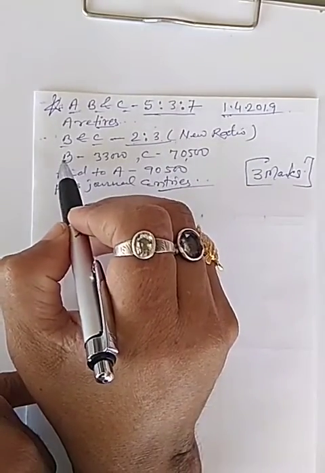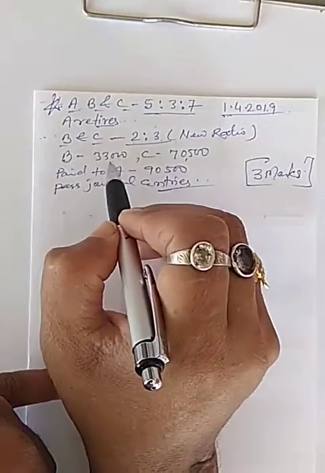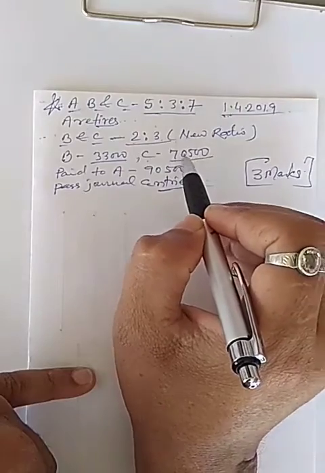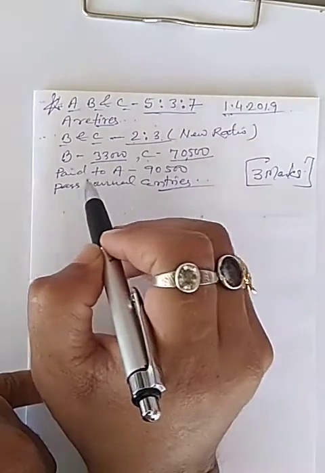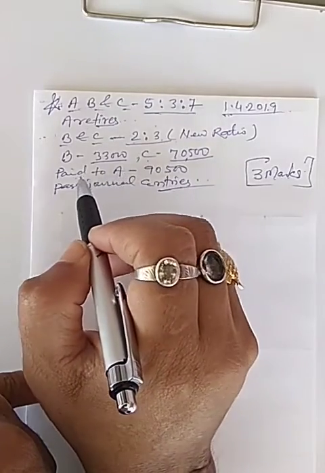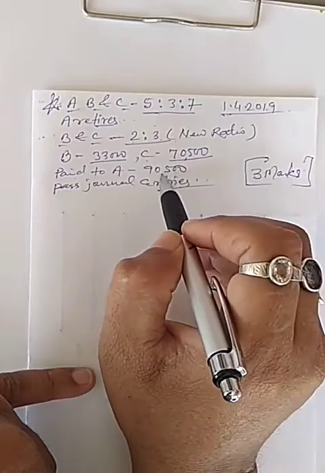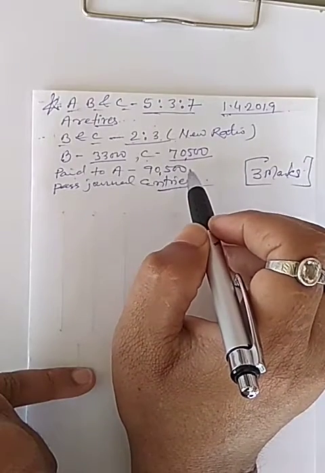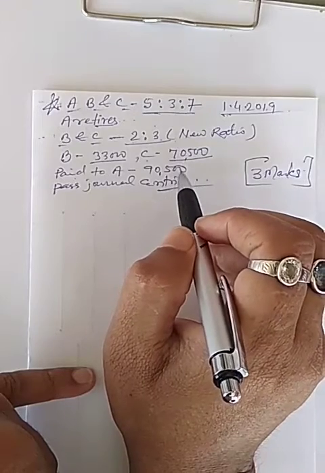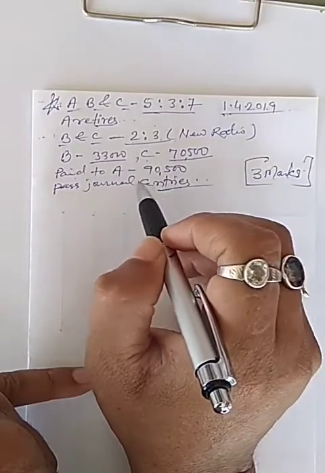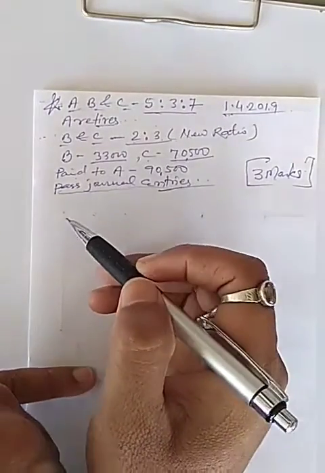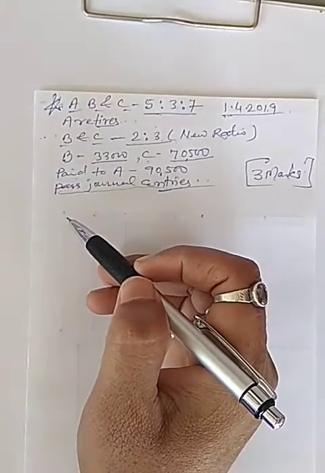B's capital after all adjustment is 33,000 and C's capital is 70,500, and A has to be paid 90,500 after all adjustment. The question says pass necessary journal entries and show your workings clearly.